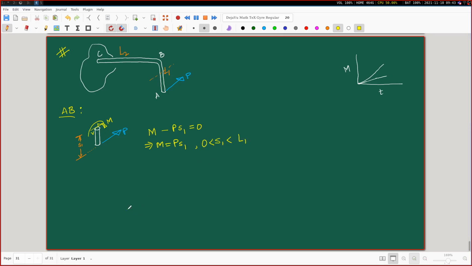Right? This is easy. Next part is BC. Here you have to be a little bit careful. So we will separate out the BC. What we are going to do is take a cut section here, somewhere here.